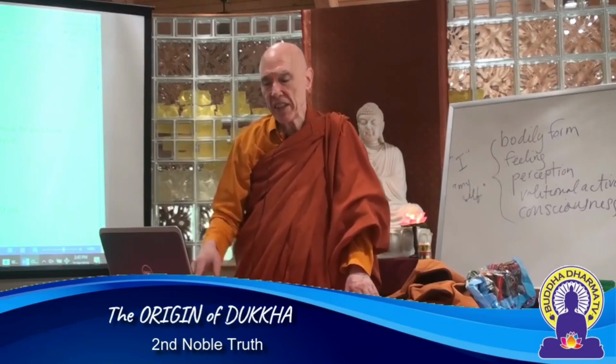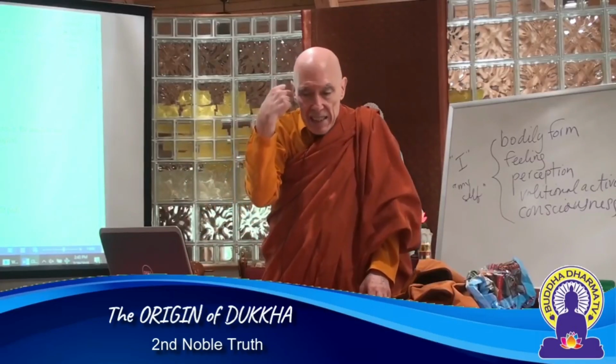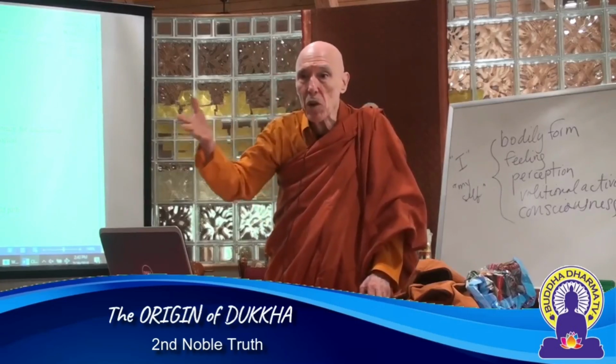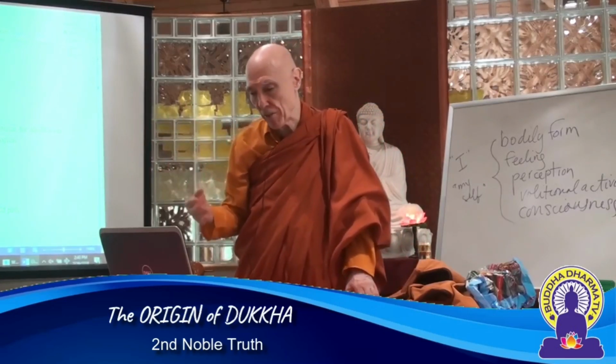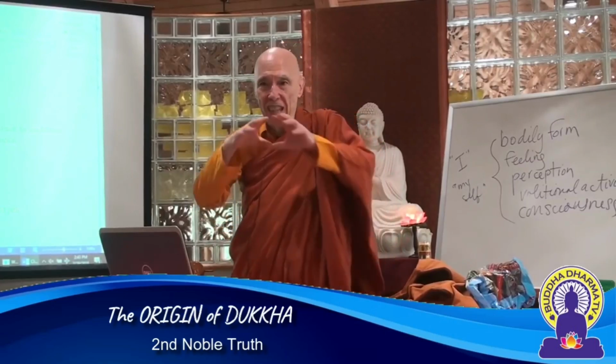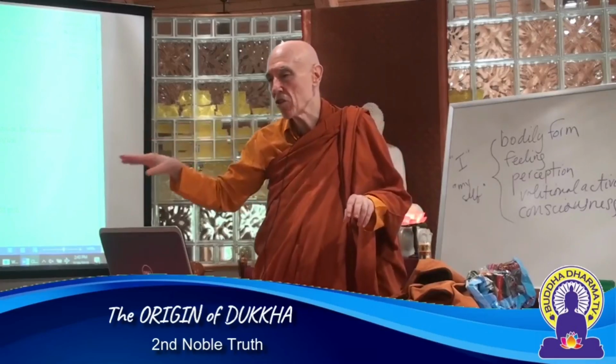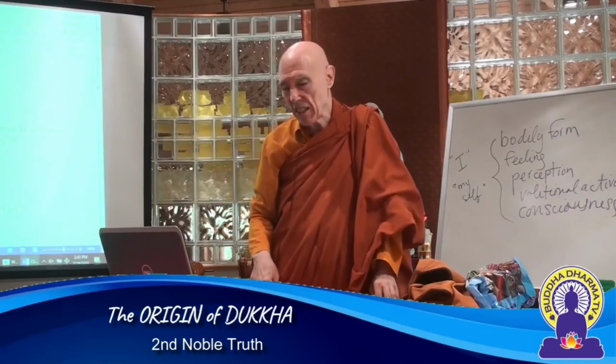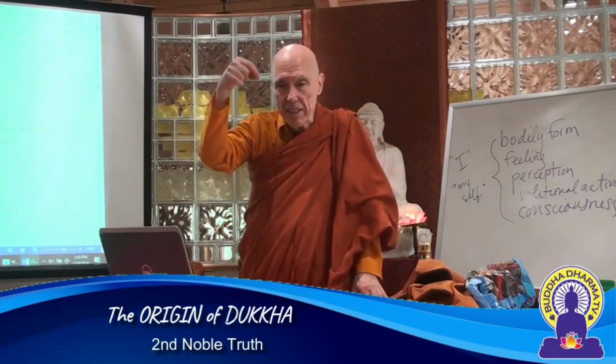Okay, then we come to the second noble truth, and this is the truth of the origin of dukkha. And here the Buddha is looking deeply at the underlying root of all of these forms of dukkha, of suffering. And his approach is not just to treat the symptoms, not just to offer patchwork treatment of the different outer manifestations of suffering, but to look deeply to find the cause.